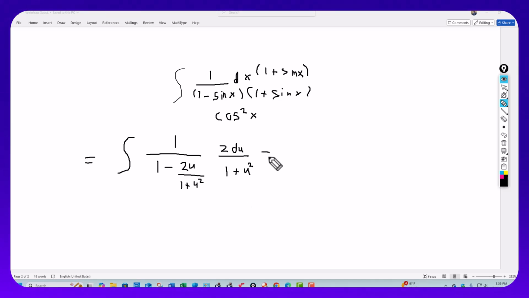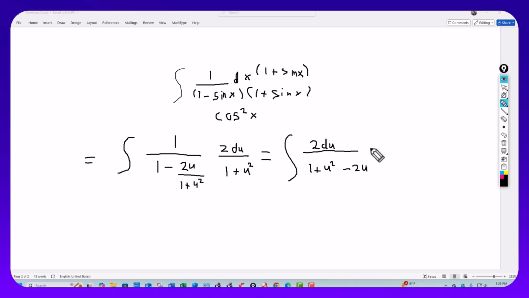Then this is equal to, now the denominator, notice I got a 1 plus u squared, a 1 plus u squared, so I'm going to just multiply through here. So 1 plus u squared times 1 is 1 plus u squared. And then the 1 plus u squared here cancels that one. That gives me a minus 2u. Numerator, I simply have a 2 du.